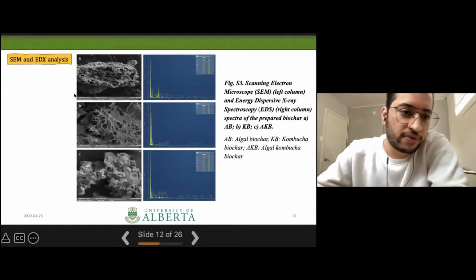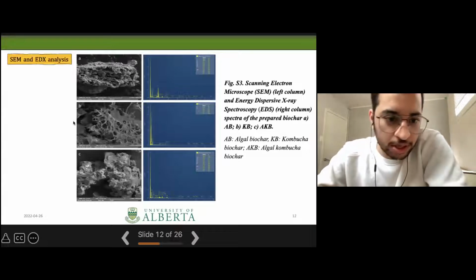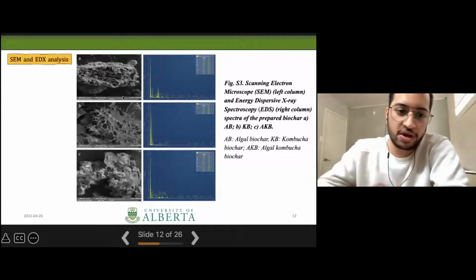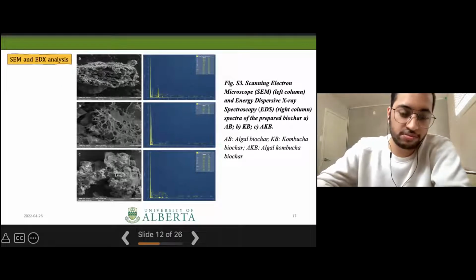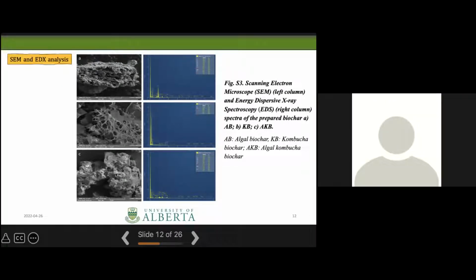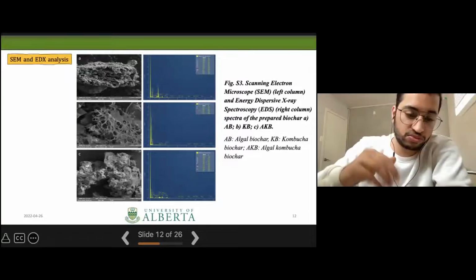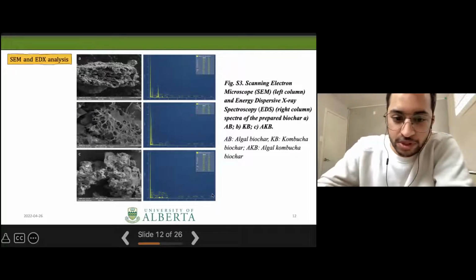Then we also performed the same analysis, so that all the biochars have sufficient microporous structures.